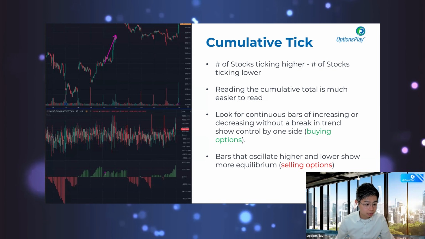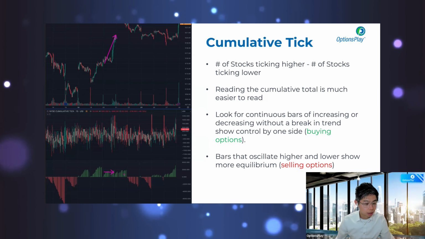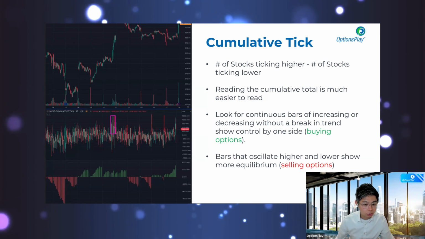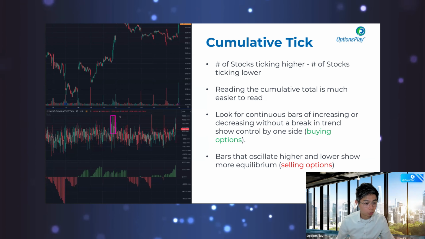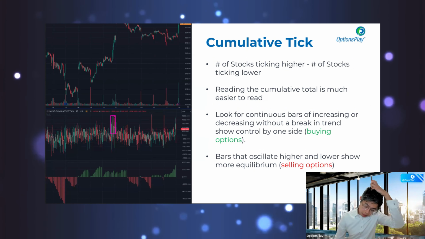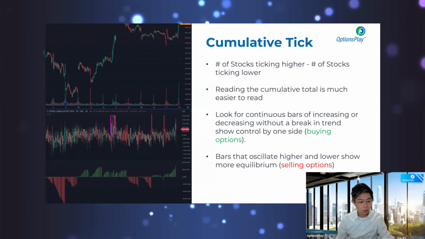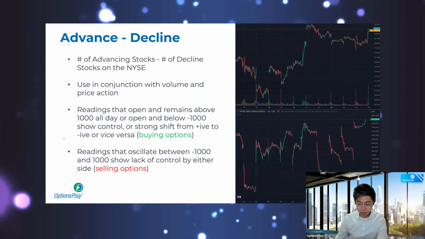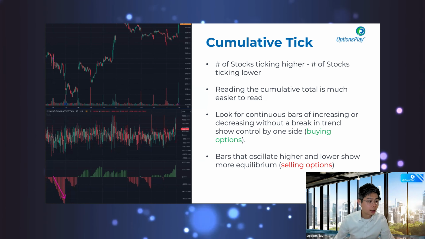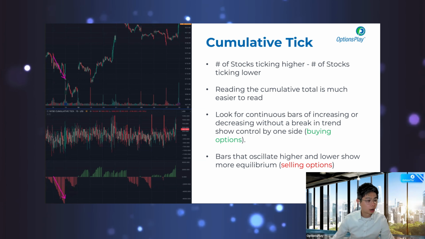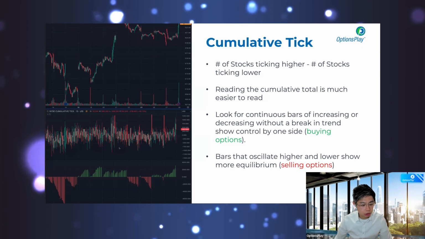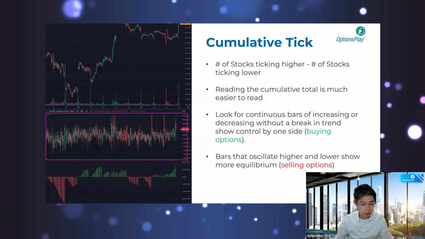Sometimes you get big moves to the upside where that cumulative didn't look particularly impressive, but if you did look at the tick itself, you did see some really high ticks, meaning some 15-minute periods where there was an extreme number of stocks ticking higher versus stocks ticking lower. And then you also have this day where it seems like pretty much sellers maintained control all day, a clearly downtrending day on the session.